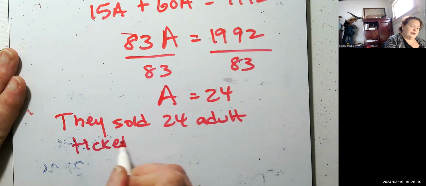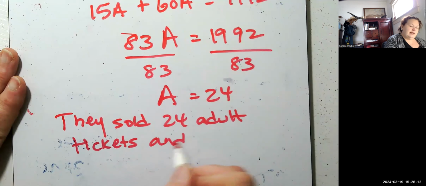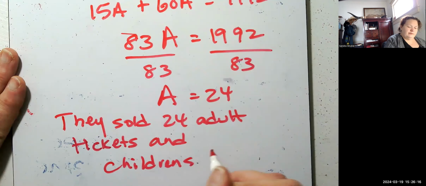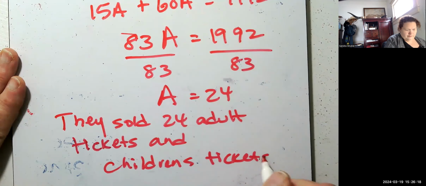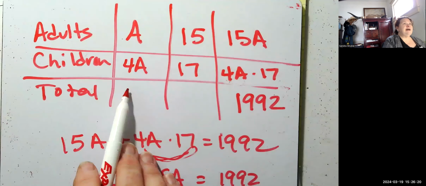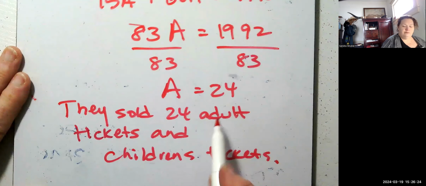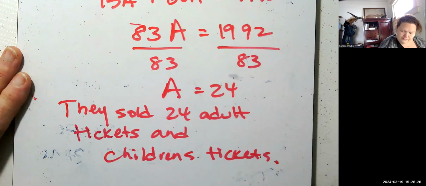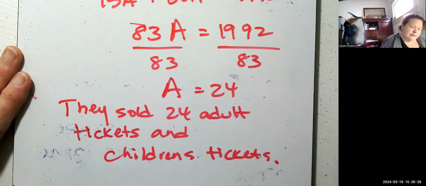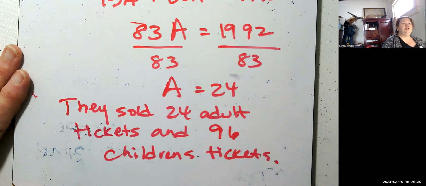Adult tickets is your units. And how many children's tickets? Well, children's, there's 4 times as many as there are adults. So 4 times 24 is what? 96. And 96 children's tickets.